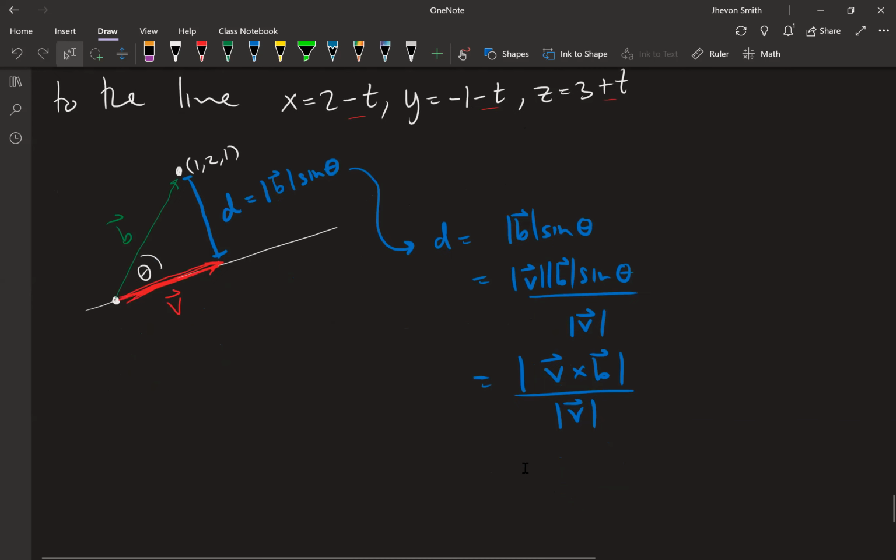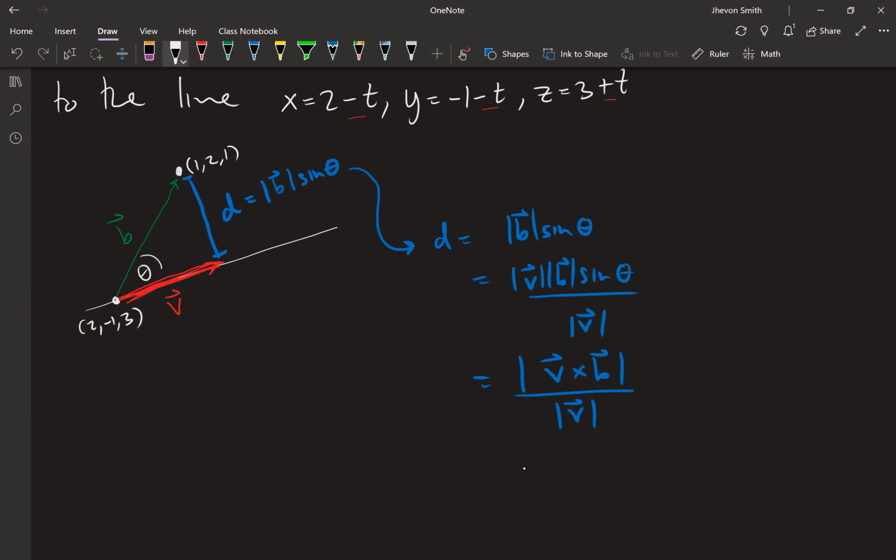And so now you do the same thing. Take a random point on the line. Again, you can pick any point, so pick the easiest one. Plug in t equals 0, you get a point here. So that's going to be 2, minus 1, 3.